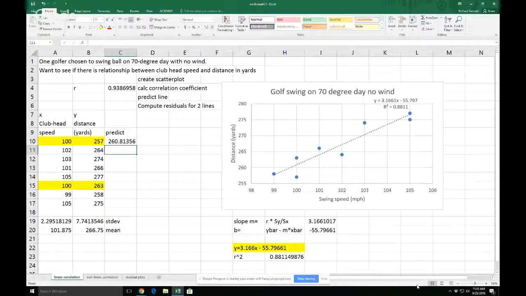So we would have predicted that if I hit the ball 100 miles an hour, it would have gone almost 261 yards. That's what the prediction would have been. So one time it went farther than we expected, one time it didn't go as far.